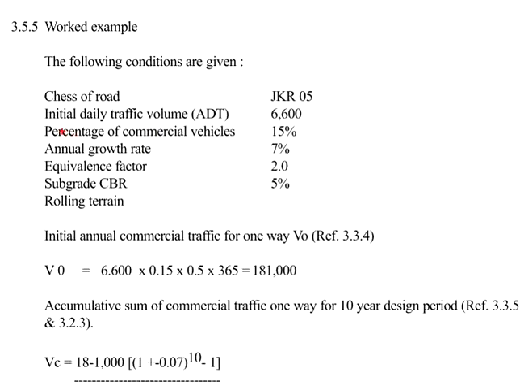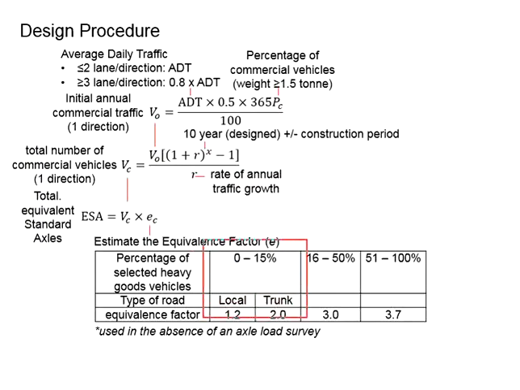It is given that the percentage of commercial vehicles is 15%. You may look for the appropriate range, assuming it is a trunk road. Then the equivalent factor is equal to 2.0. Trunk road refers to the important main road for long distance travel.